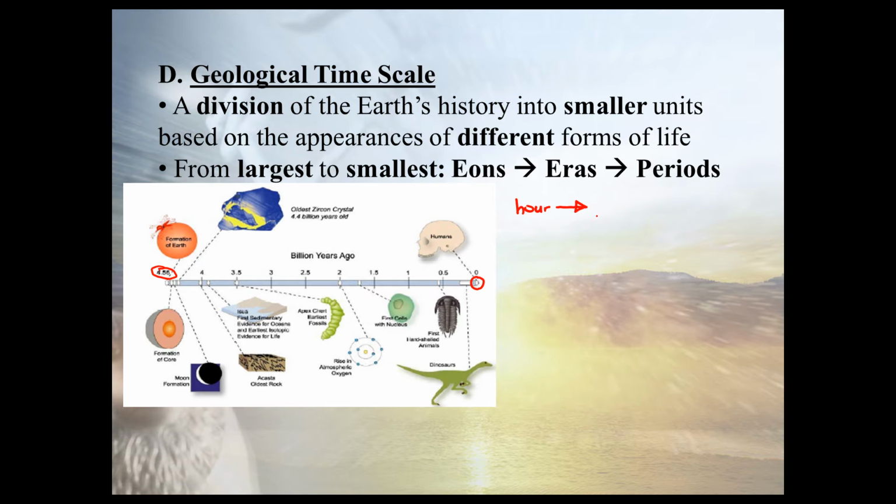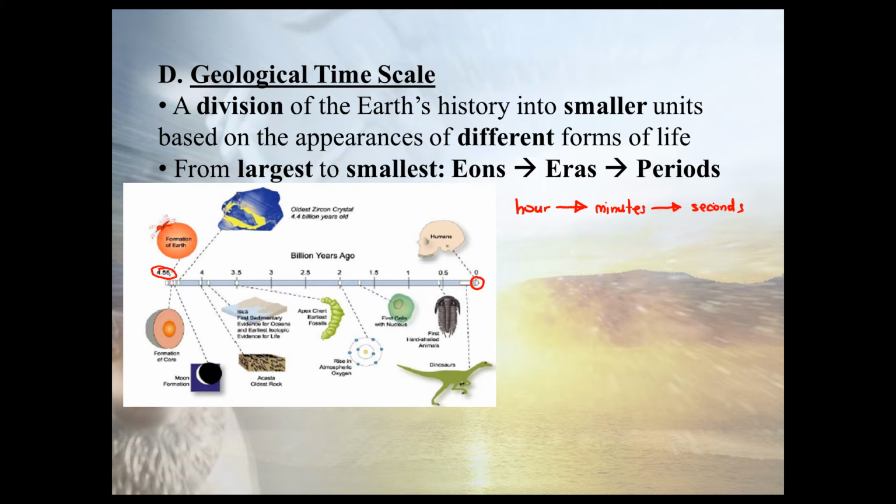In 1 hour, you can break it into a bunch of minutes. In a minute, you can break it into a bunch of seconds. So from largest to smallest, it would go from an hour to a minute to a second.